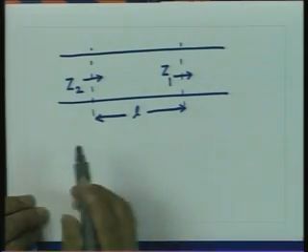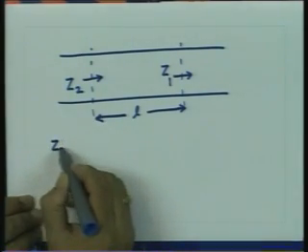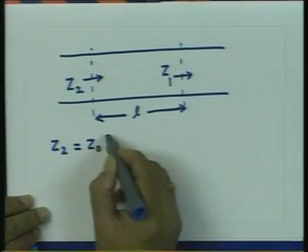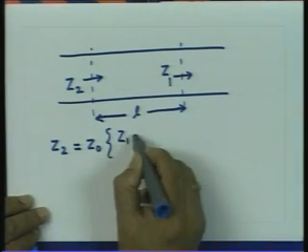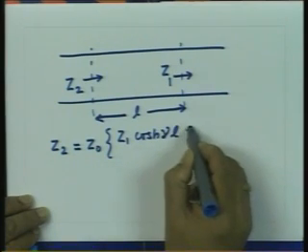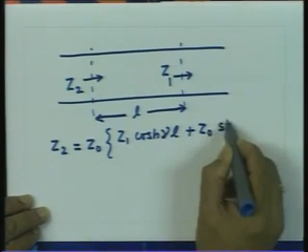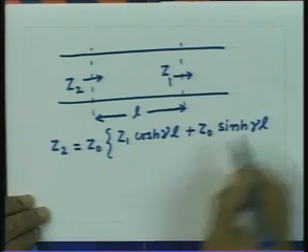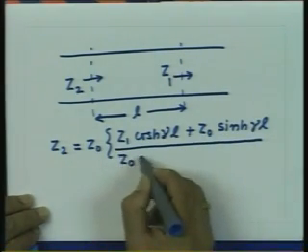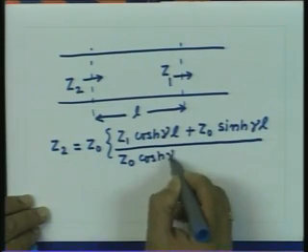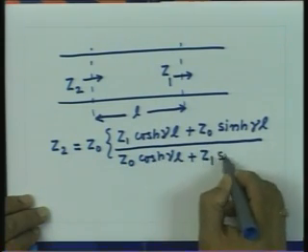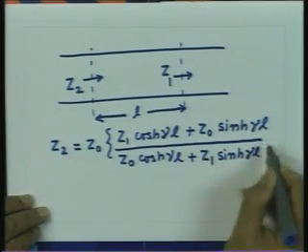So, from the same impedance transformation relationship, I can write down Z2 is equal to Z0 times Z1 cosh gamma L plus Z0 sinh gamma L, divided by Z0 cosh gamma L plus Z1 sinh gamma L.